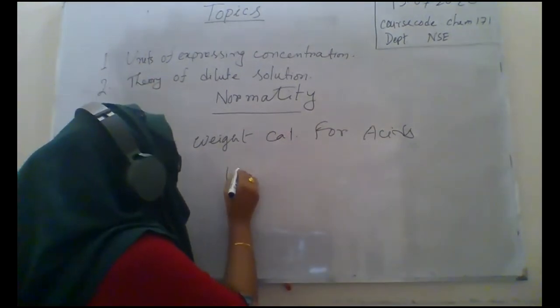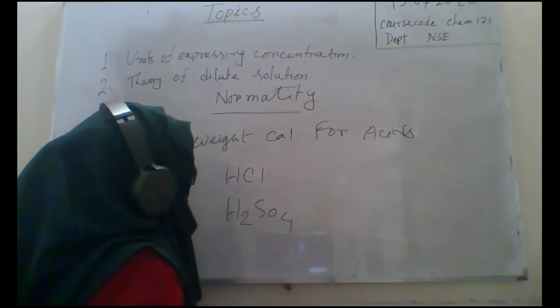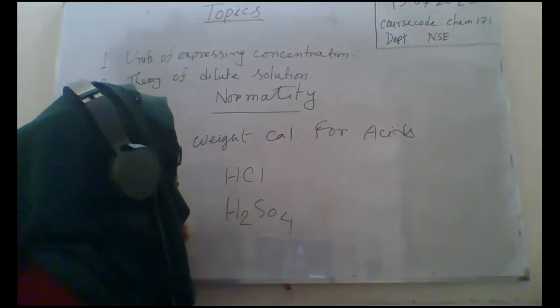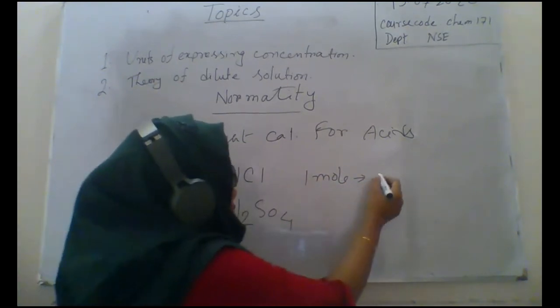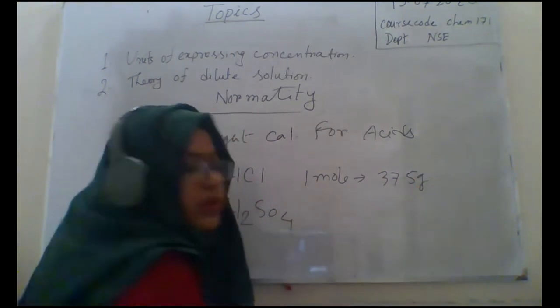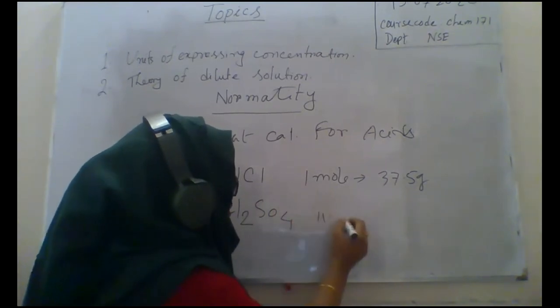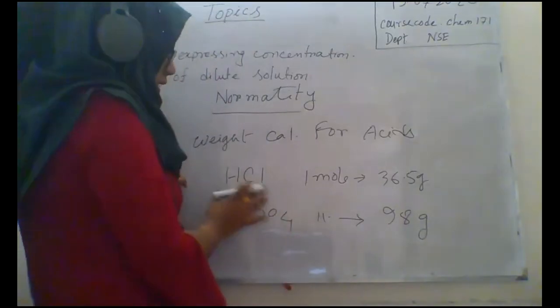Suppose you have HCl, or H2SO4. For HCl, 1 mole is 36.5 grams, and for sulfuric acid, 1 mole is 98 grams. So this is the molecular weight.